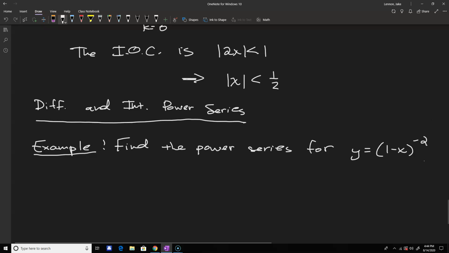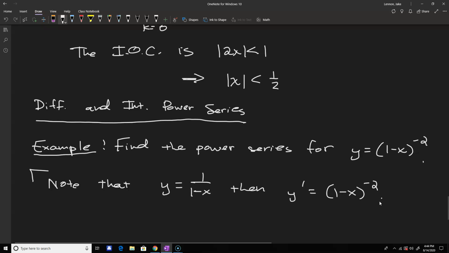Okay, well, the thing that we want to do here is note that if you have y is equal to 1 over 1 minus x, then y prime is exactly 1 minus x to the negative second power.